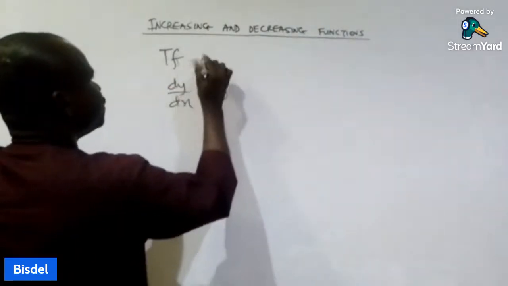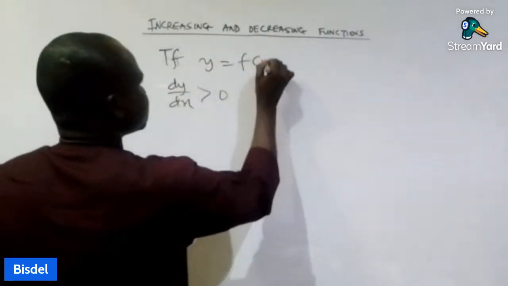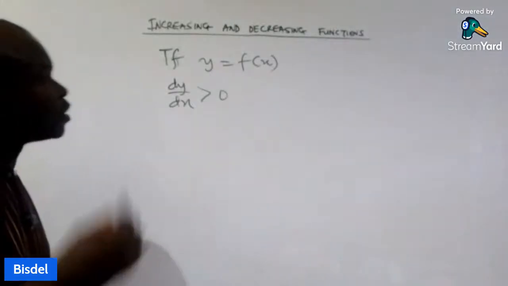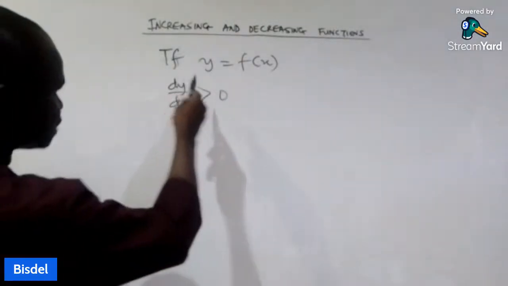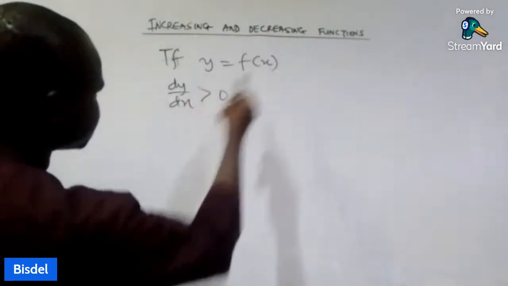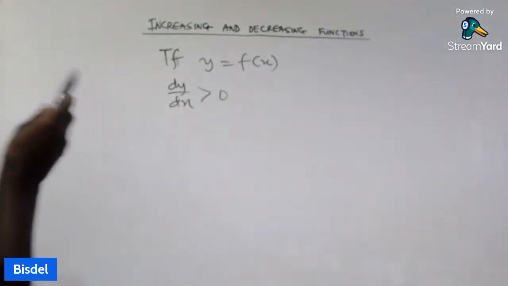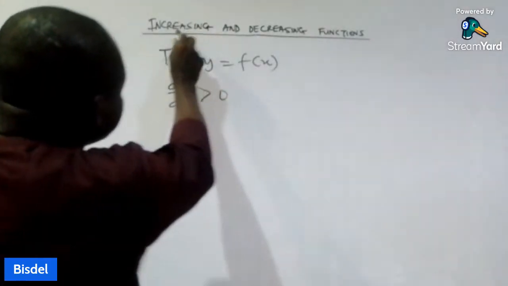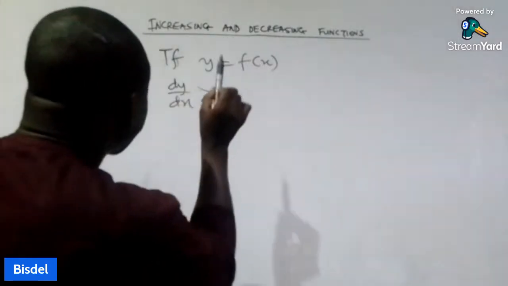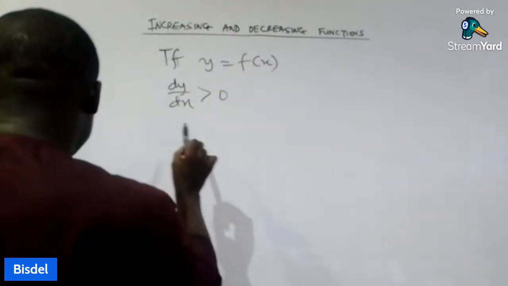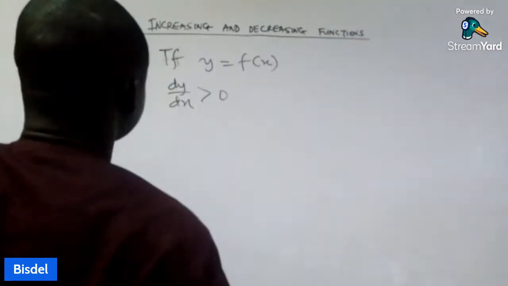That is, if y, which is f of x, of course, if you check my videos on differentiation, we know that y is a function of x, so y is f of x. So if y, which is a function of x, is an increasing function at an interval, dy/dx is greater than 0.